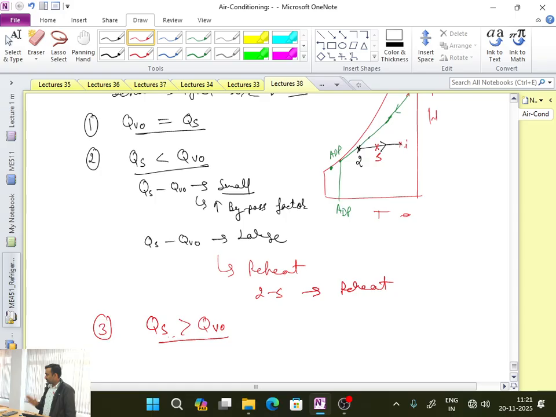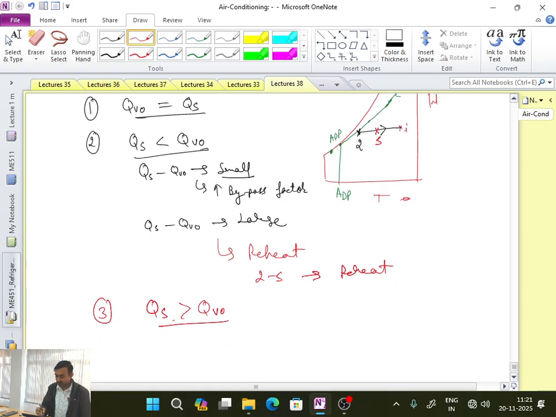Is this one clear? Now, based on this concept, you can see from the psychrometric chart that there is no joint between the outdoor condition and the indoor condition, because we are not allowing mixing of the air. Instead, we are taking the entire air QV0 from outside and passing it over the cooling coil, and ultimately we adjust the flow rate of QV0 so that it meets the room total heat load conditions.